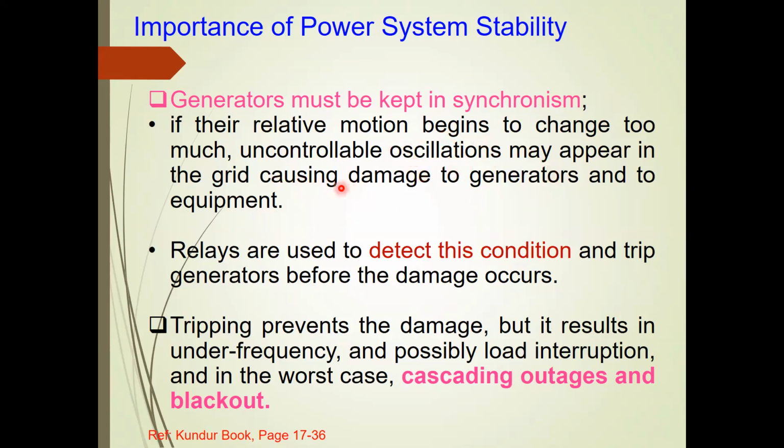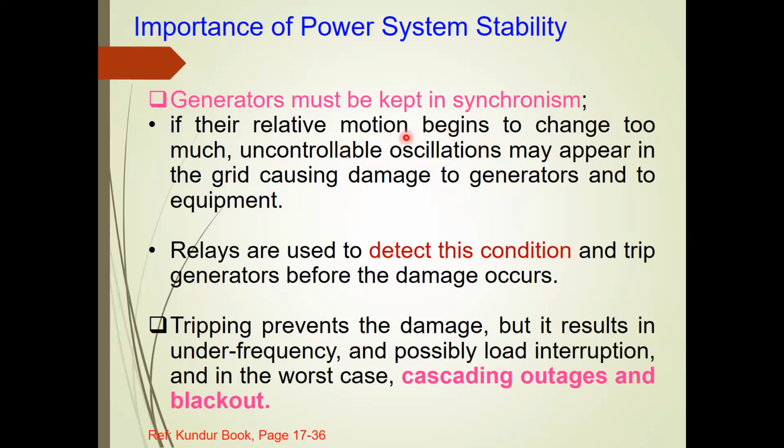Mainly, the damage to the generators will be damage to the shaft, mainly for those generators in thermal power plants, because there you have a long generator shaft, and in some cases the length of the shaft could be 20 meters or 30 meters as well.